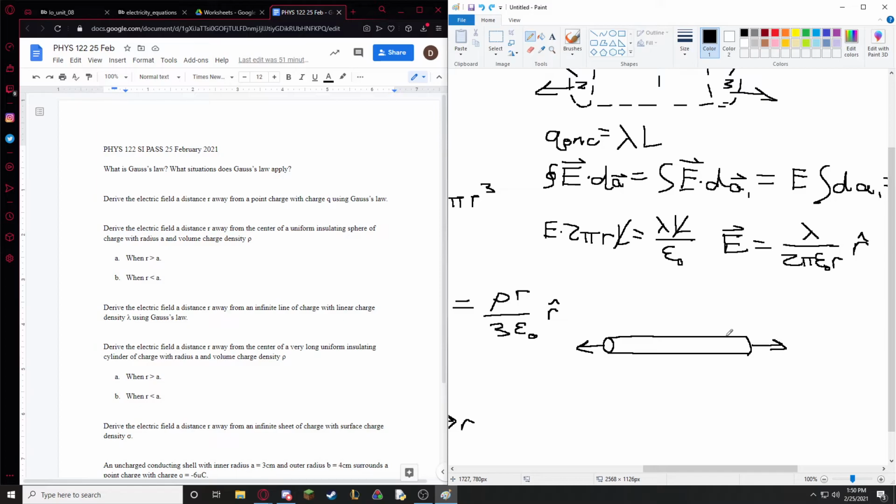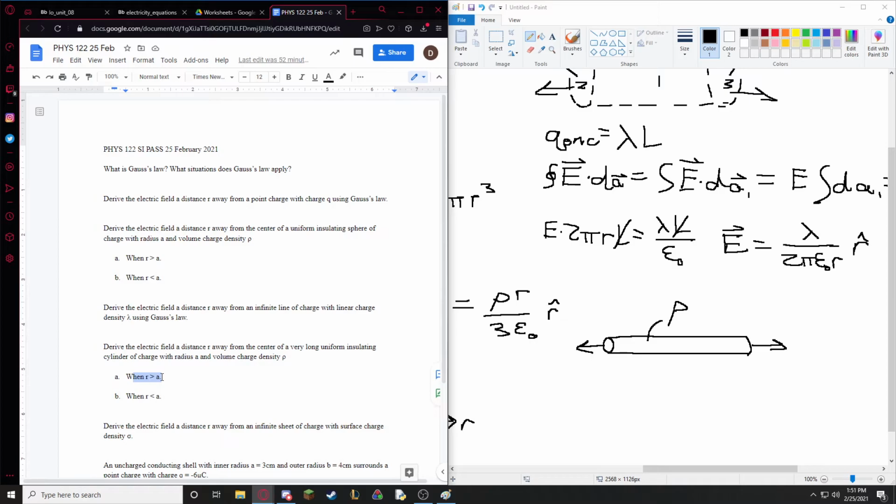But what if we have r inside our cylinder? We have our cylinder, which has a volume charge density of rho. Keep that in mind. We want to find our electric field.